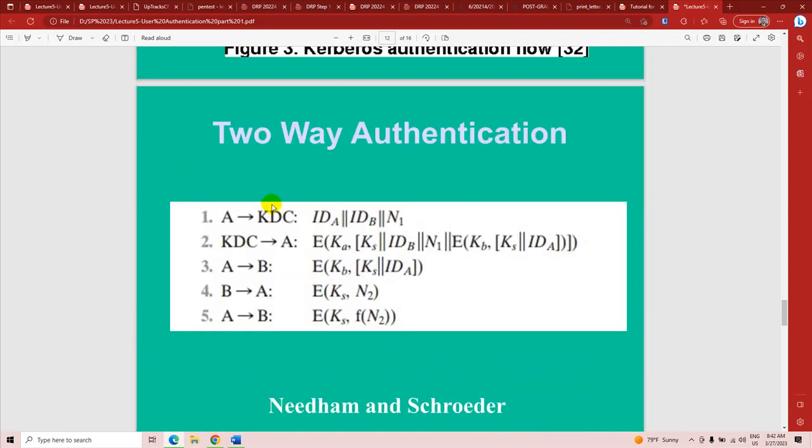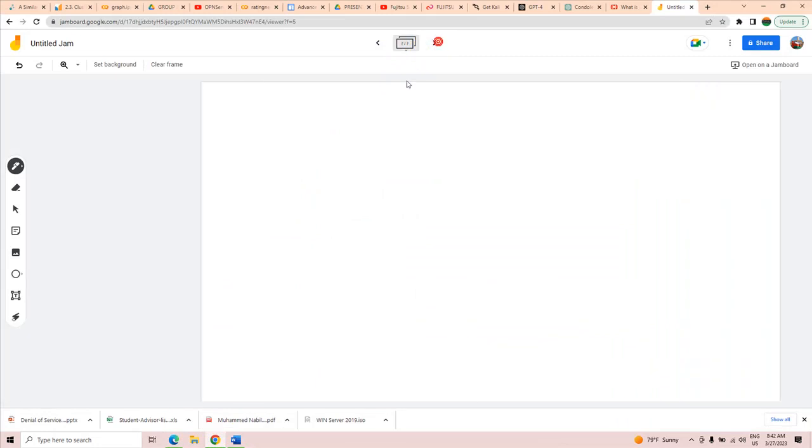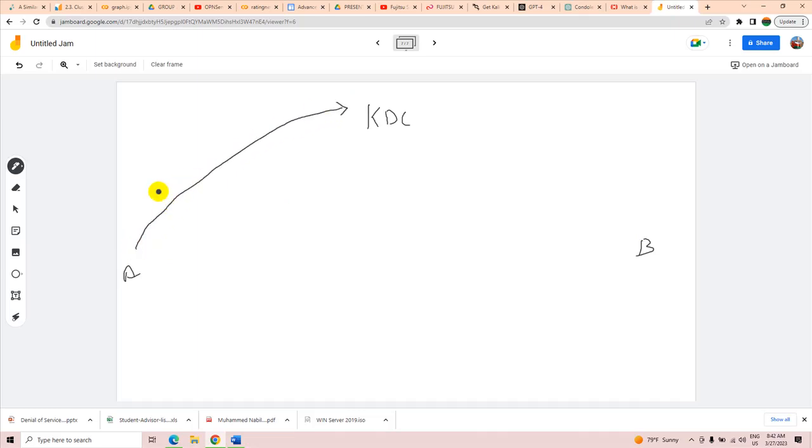Now let's revisit the Needham-Schroeder algorithm, which we have discussed in chapter number 4. So we have the KDC, we have A, we have B. A is sending its ID, then it wants a session key with B, then it is sending a nonce value.